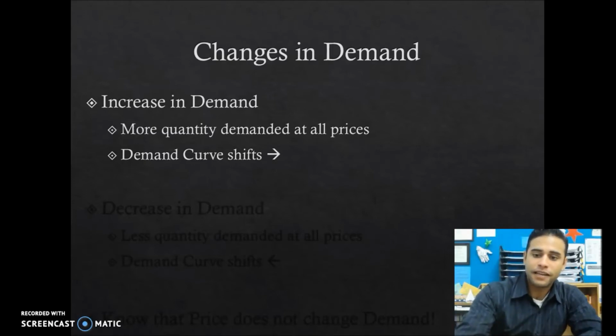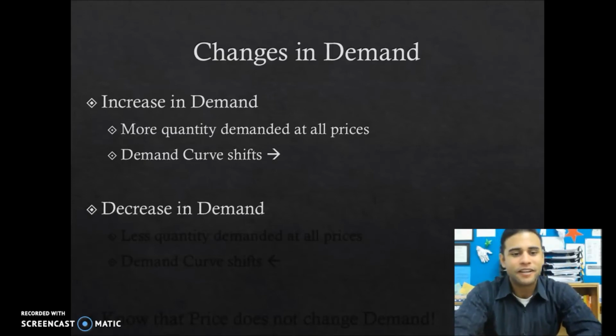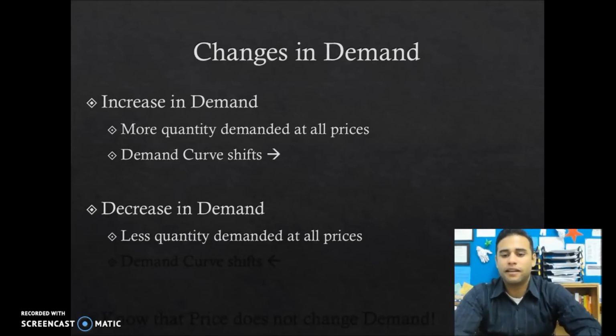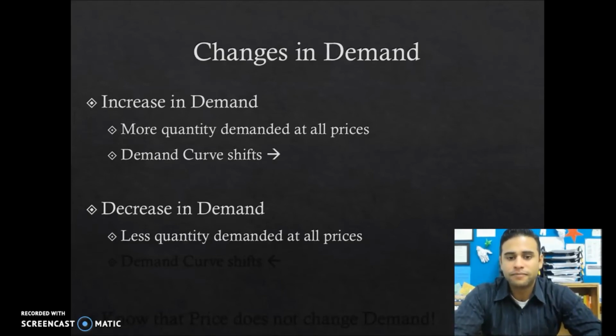So let's get back to what we're talking about here. A decrease in demand means that there's fewer quantity demanded at all prices. So maybe it got less popular. Maybe we find out that that t-shirt material causes cancer. Nobody wants it anymore. So if you used to be willing to pay $50 for it, well, maybe you're only willing to pay $10.